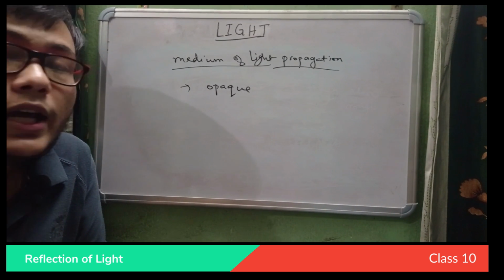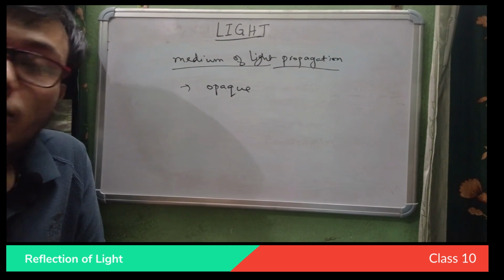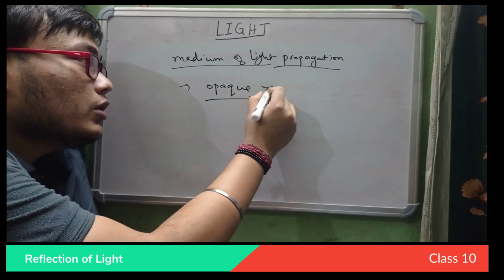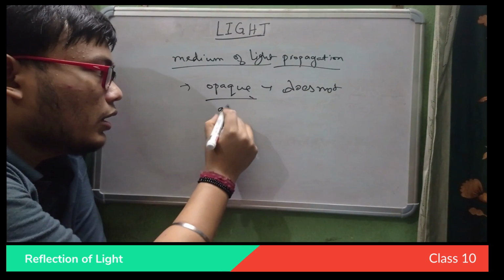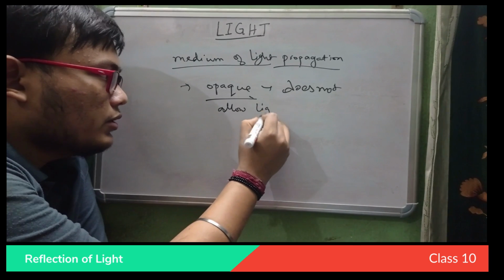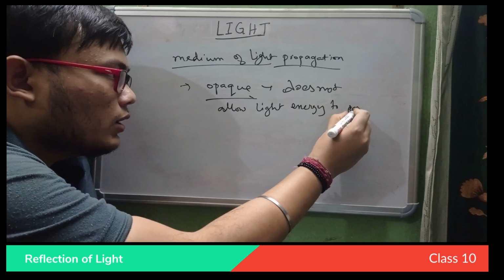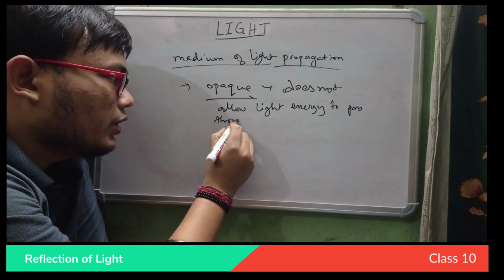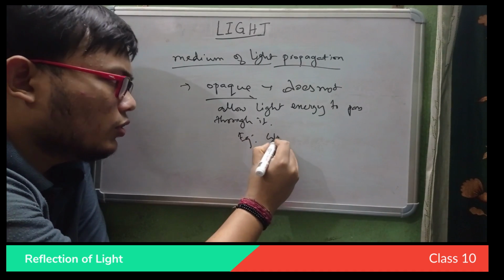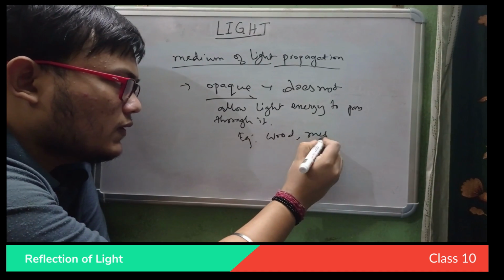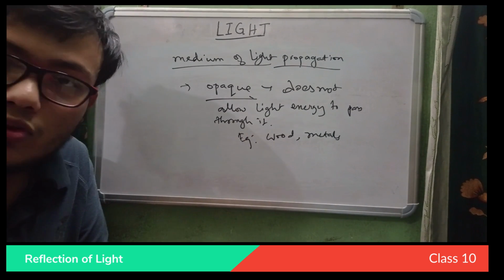It reflects the light rays which fall on it rather than letting them pass through. Examples are wood and metals. These are opaque bodies which don't allow light to pass through them.